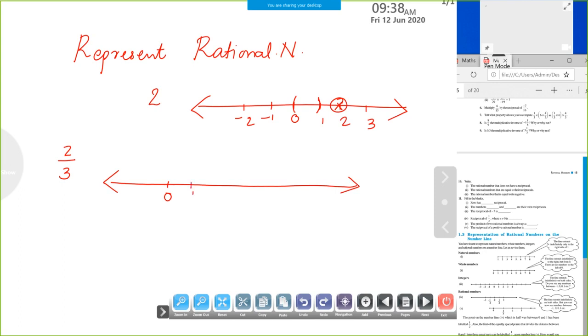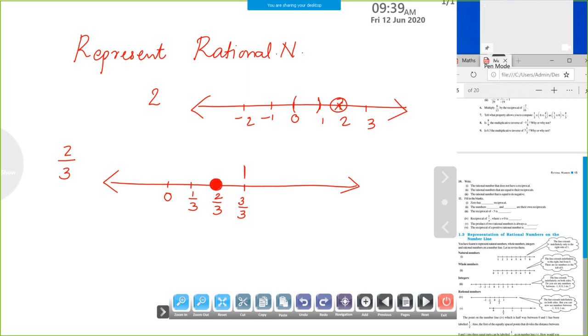This is going to be 1 by 3. This is going to be 2 by 3. This is going to be 3 by 3. We know 3 by 3 is 1. So when you reach 3 by 3, that is 0 to 1. Where you have 2 by 3, mark it here and dot it. This should represent the number 2 by 3.